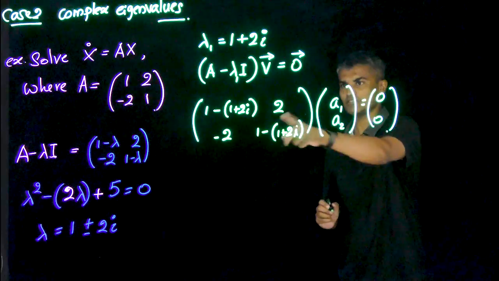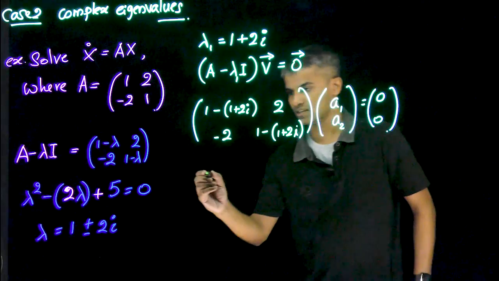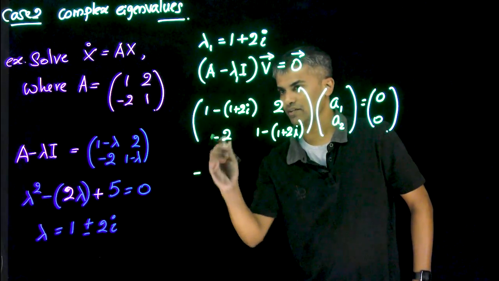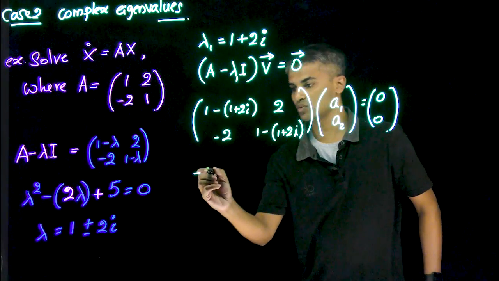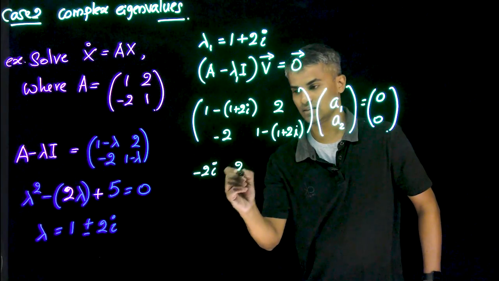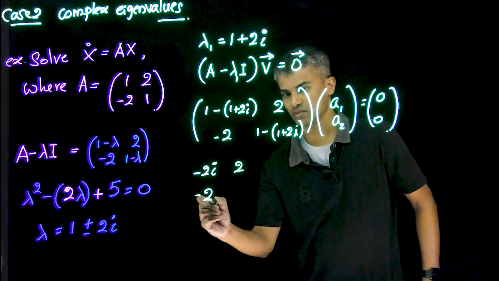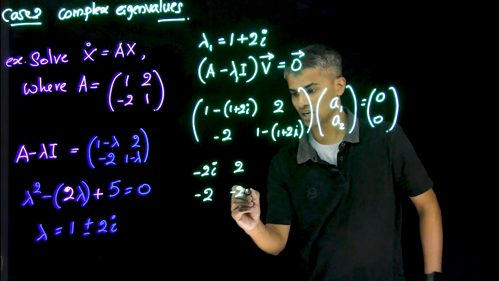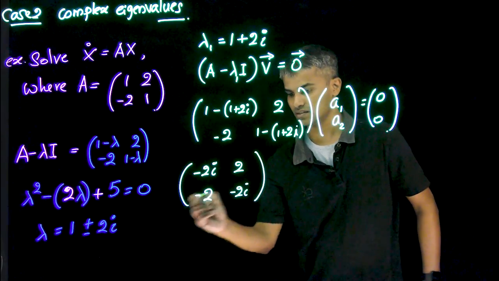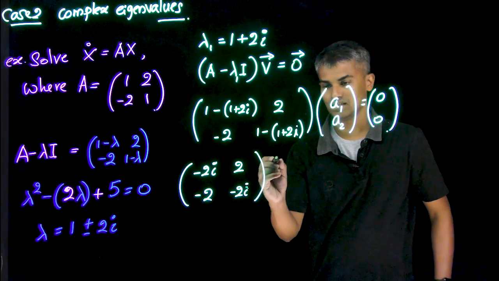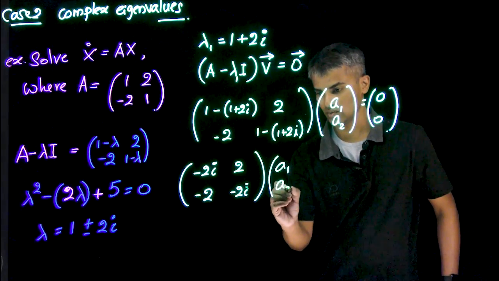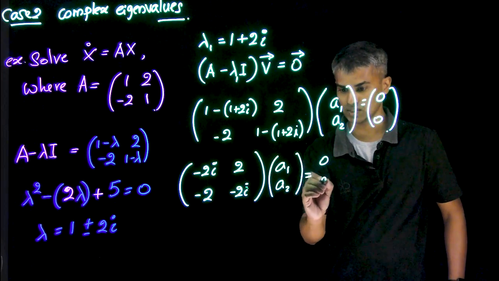Now if you simplify this, 1 minus 1 is 0, but you will get negative 2i, 2, negative 2, and then negative 2i. This is my matrix, times a1, a2, equals 0, 0.